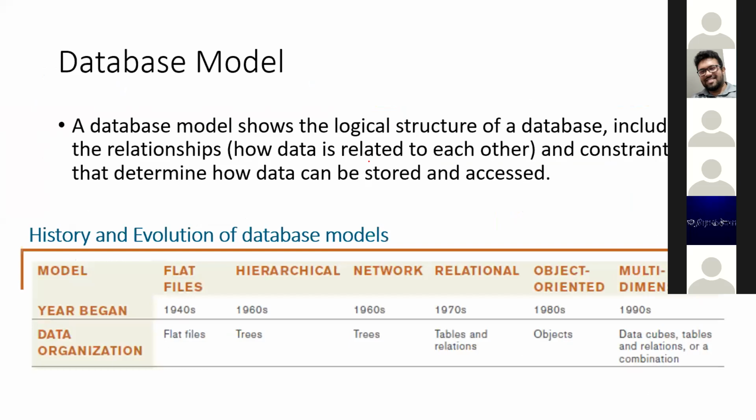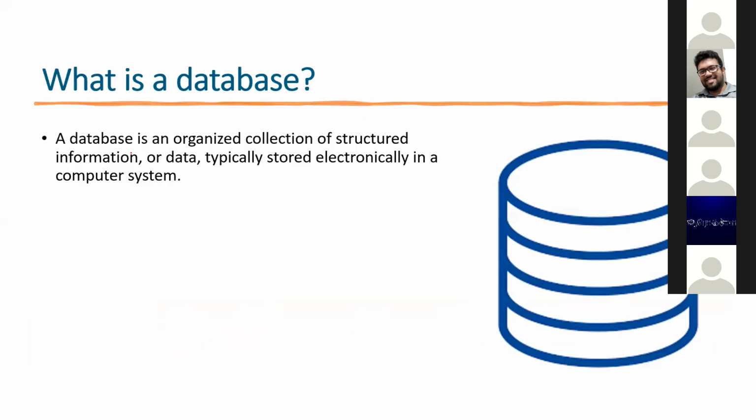So before understanding designing of a database, we have to understand what a database model is. The database model shows the logical structure of a database, or how the internal data are related to each other. When you read this, you can see database is an organized collection of structured information.